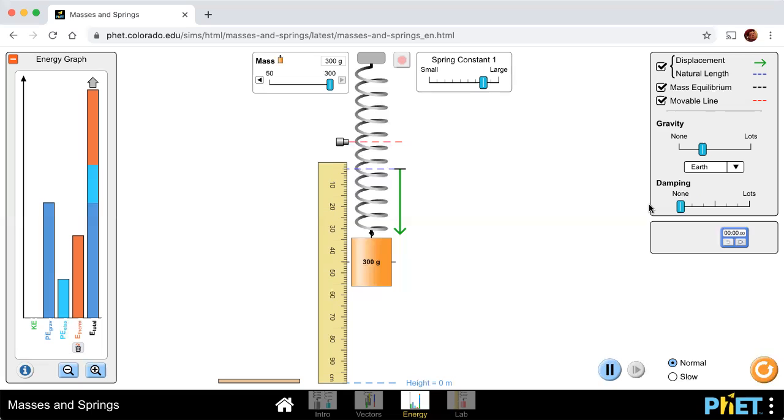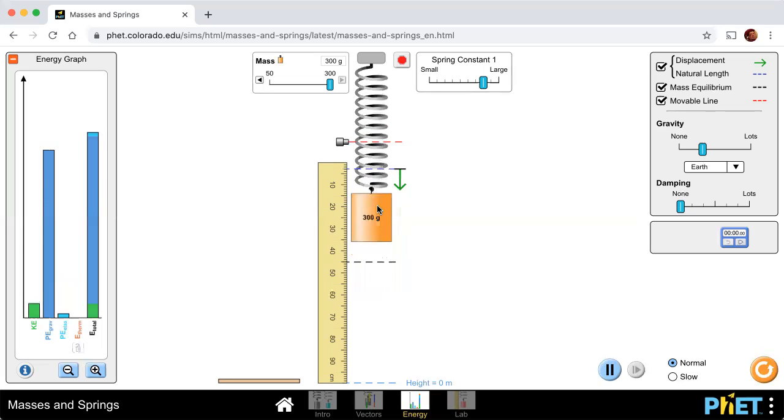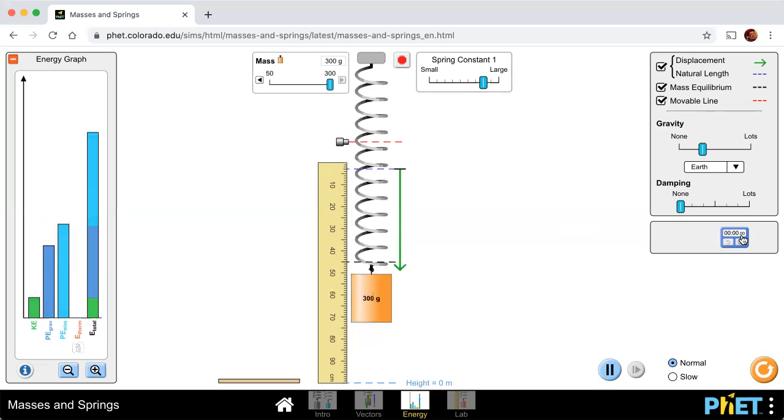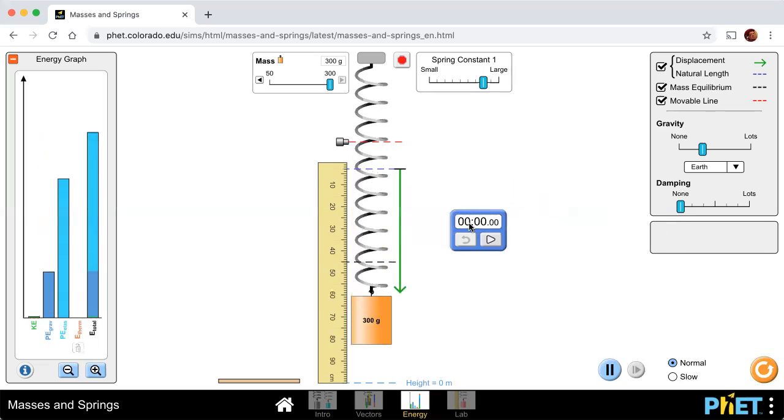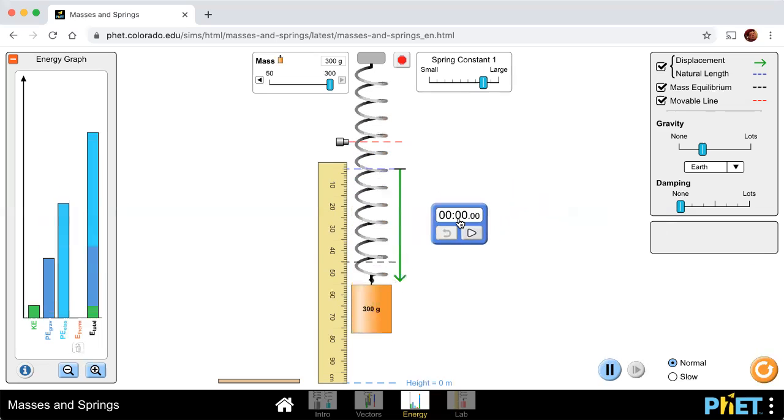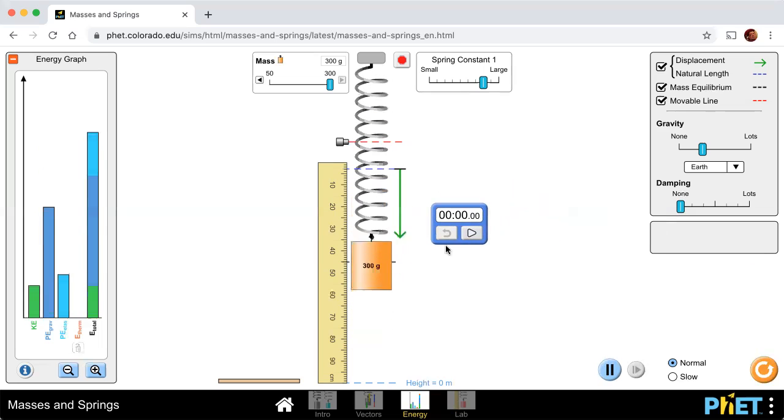And I'm going to go ahead and use this 300 grams. This will be the slowest period that we have. So what we want to do is get this oscillating, and using the oscillations, we have a timer here. I'm going to count whenever this reaches its max.